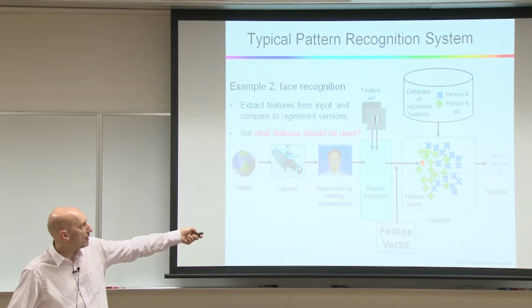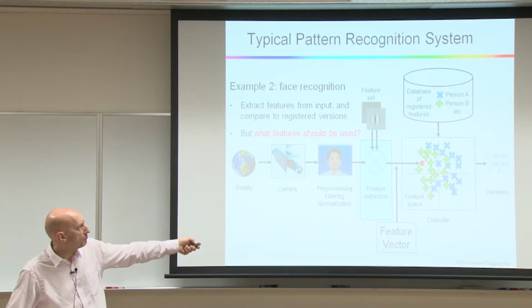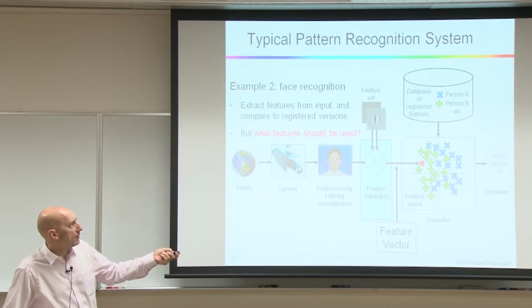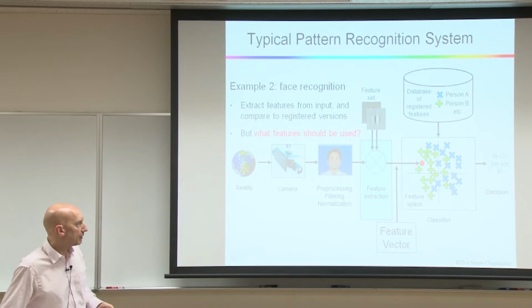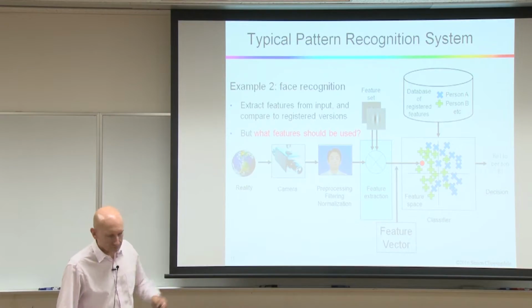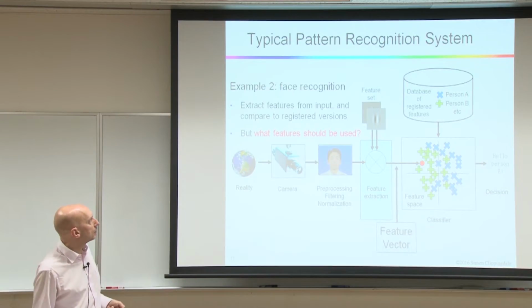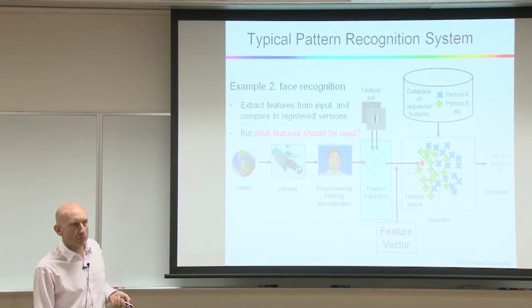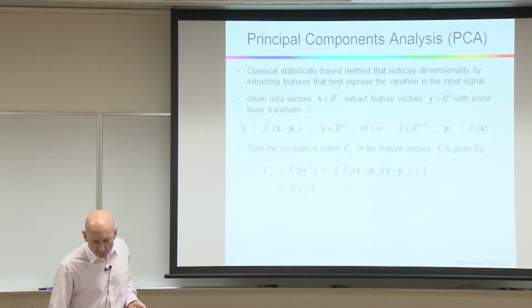So looking at where this guy's features have landed in that space, you can see they're kind of surrounded by features from person B, and it's kind of a long way from the nearest feature vector for person A. So the chances are that this is person B, we think. So that's our decision based on our classifier here. So that's a fairly typical system. Leaves the question of what kind of features are good for what kind of tasks.